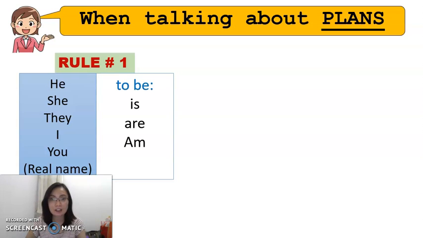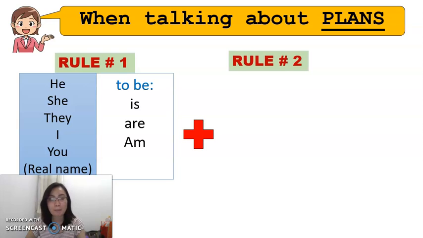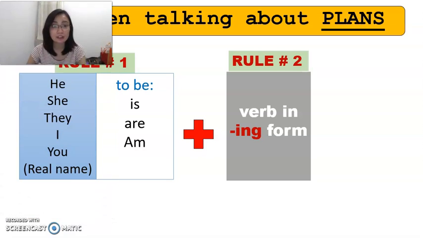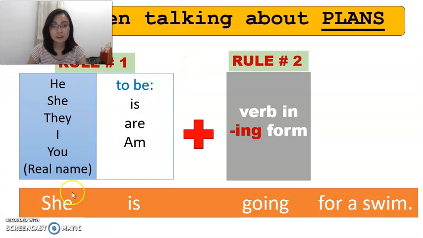So this is the proper way of writing it. So rule number 1, you have to follow the pronoun or the real name with the correct be verb. And rule number 2, with the correct ing form. For example, she is going for a swim. So this is how you're gonna write when you are talking about plans.